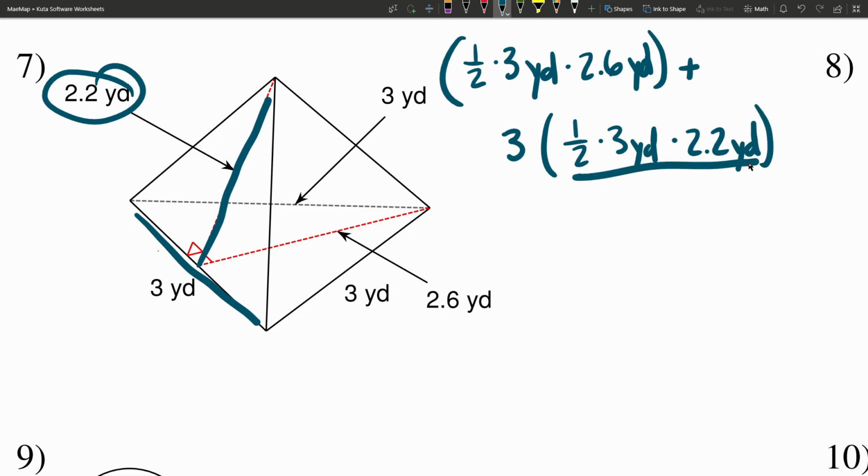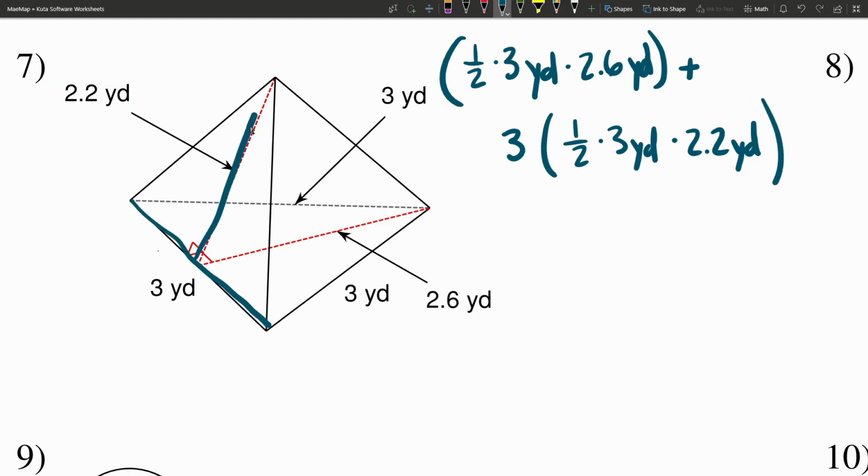So the area of one of those other sides gets multiplied by 3 because those triangles occur 3 separate times. One here, drawing the base and height to kind of give you a different perspective, and then one here, again drawing the base and height for a different perspective of this figure.